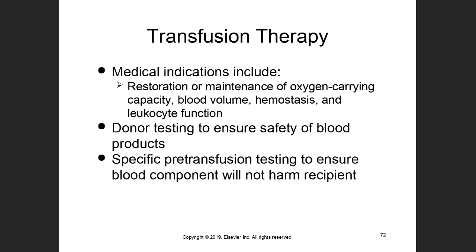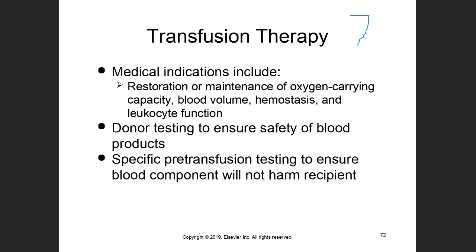Transfusion therapy: medical indications include restoration and maintenance of oxygen-carrying capacity, blood volume, hemostasis, and leukocyte function. To indicate transfusion to the patient, transfusing is a little bit complicated, but the hemoglobin has to be under 7, okay? Until 7, most of the time you don't give any transfusion. If the patient is under 7, then you give the transfusion.